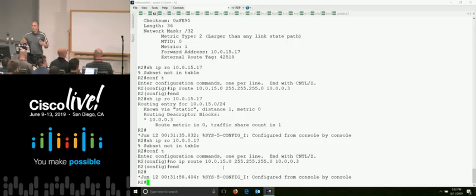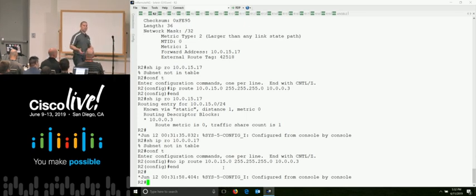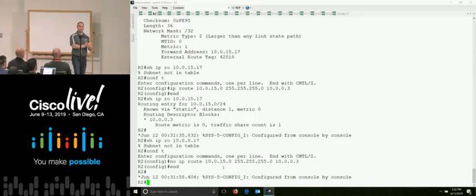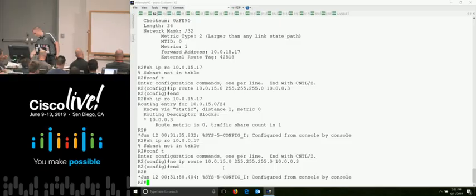Now, this is how redistribution works with OSPF 99% of the time anyway. I had to work hard in order to make it work this way. Most of the time, you wouldn't be running OSPF on your interfaces towards your external peers. The reason I did that is so that by sharing that network, I could get this performance out of it. There's a few ways that we can turn it off.